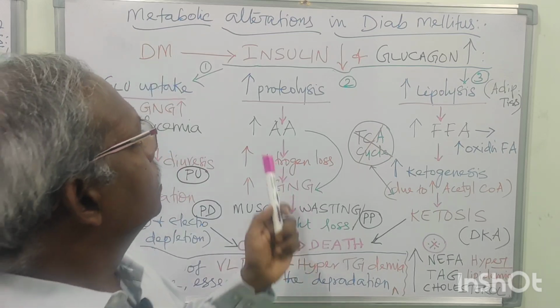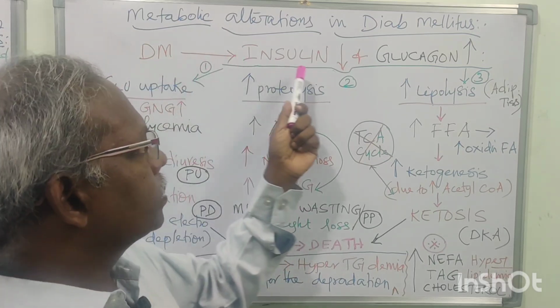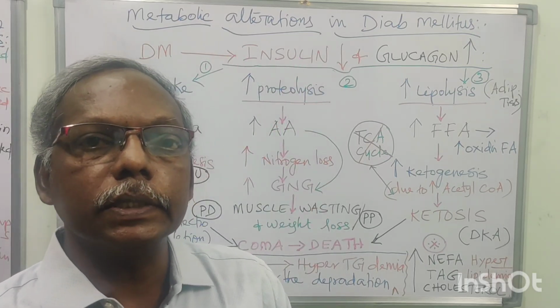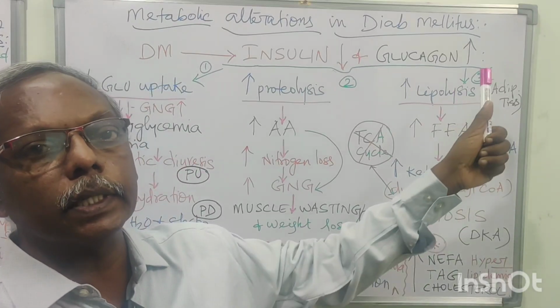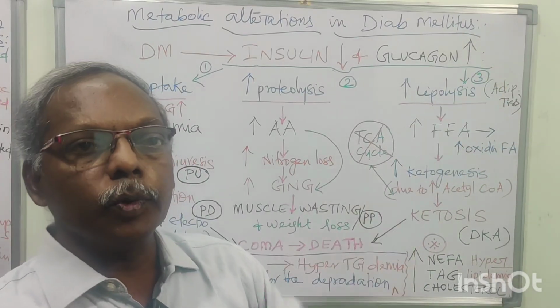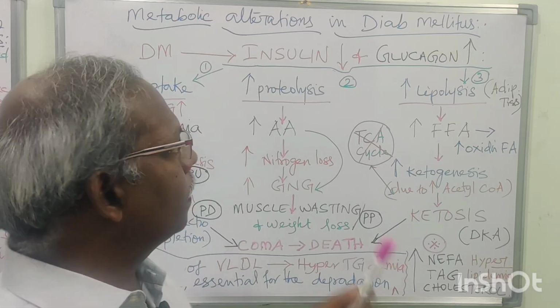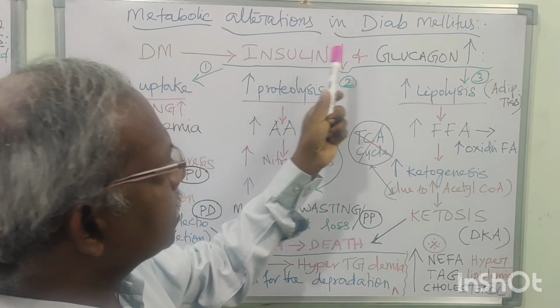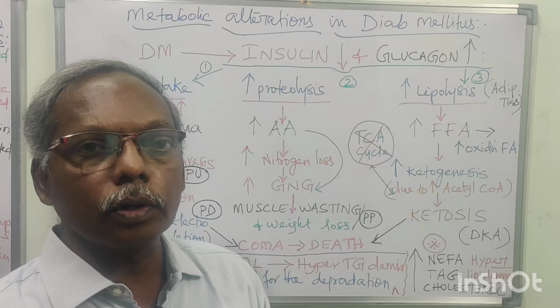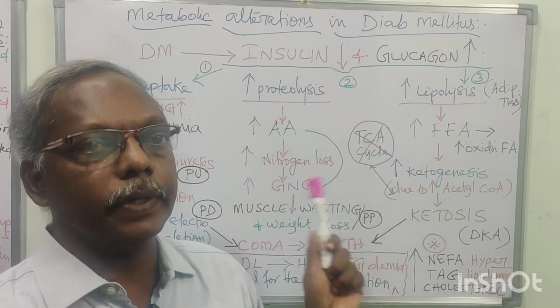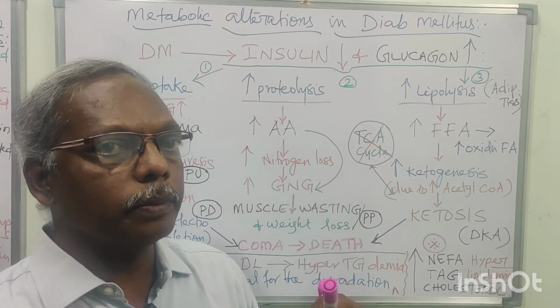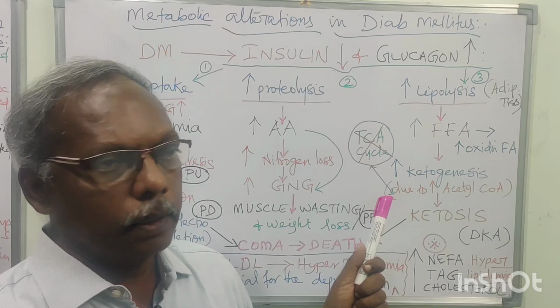Okay. So we know that diabetes mellitus means the problem is deficiency of insulin, simultaneously increased secretion of glucagon, right? So this deficiency of insulin and increased glucagon will produce three effects in our body. All three metabolisms will get affected.